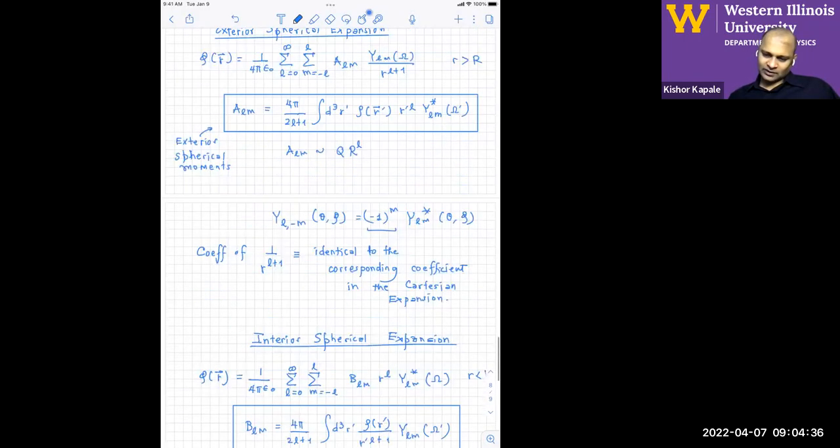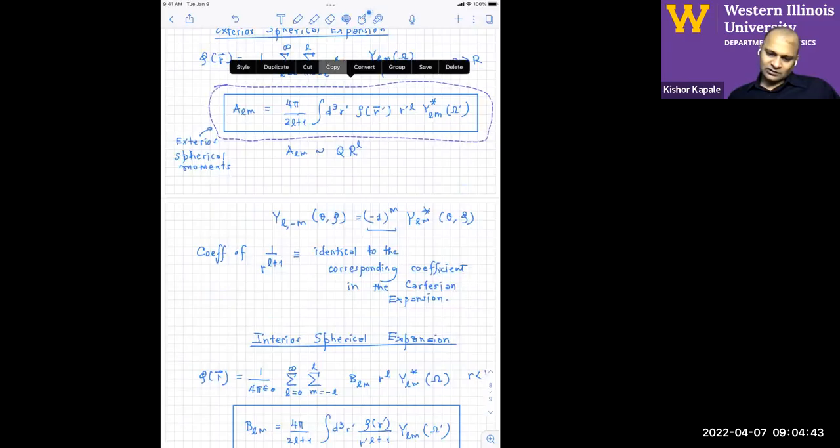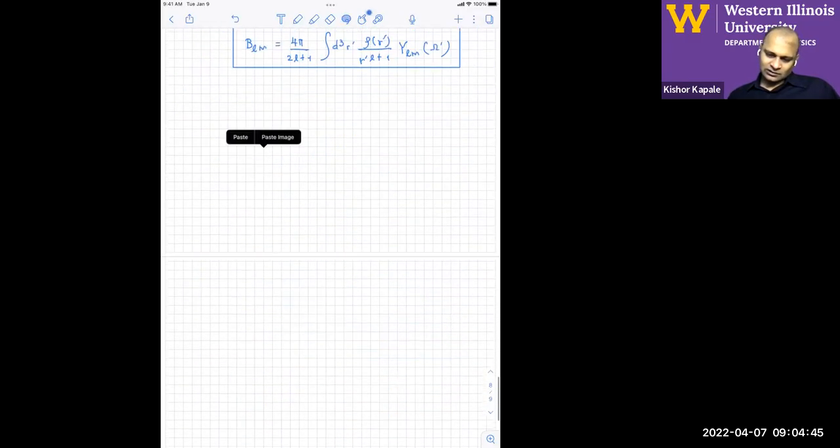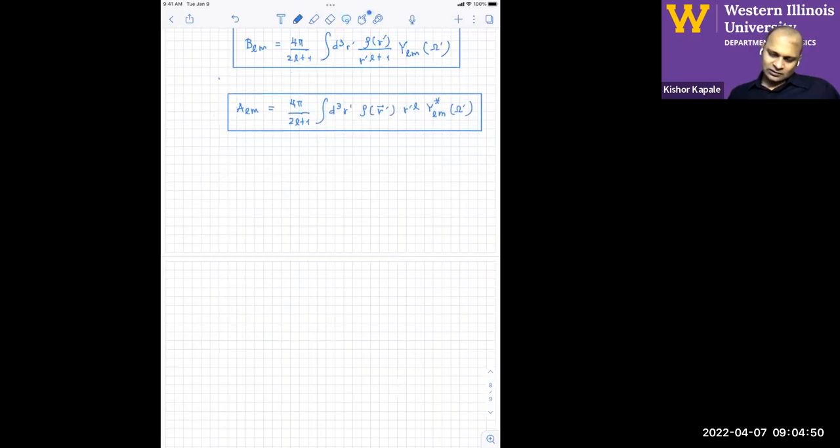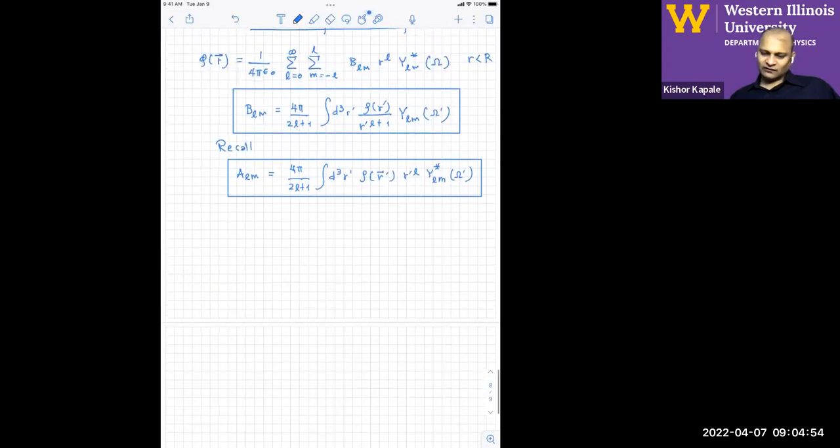Let's actually copy this to see the comparison between the two. So recall that ALM was like that, and see what the differences are between ALMs and BLMs, the interior and the exterior moments. The coefficient is the same. The volume integral is over the charge distribution, yes, but the thing that changes is the Y's are different.